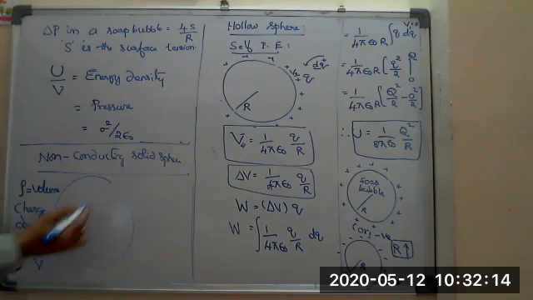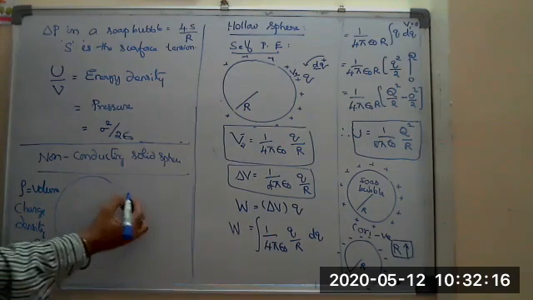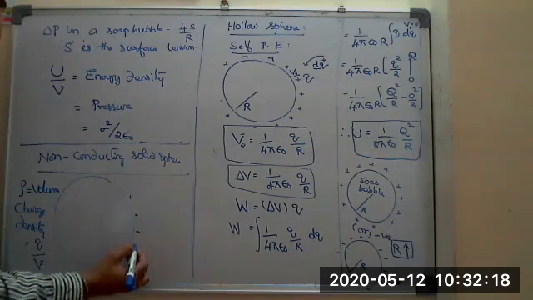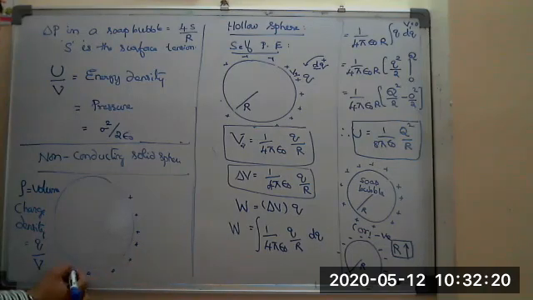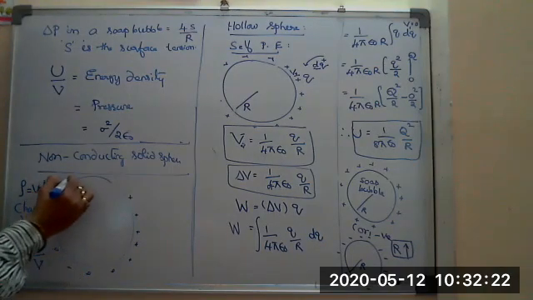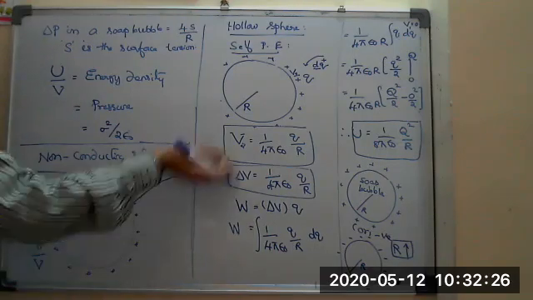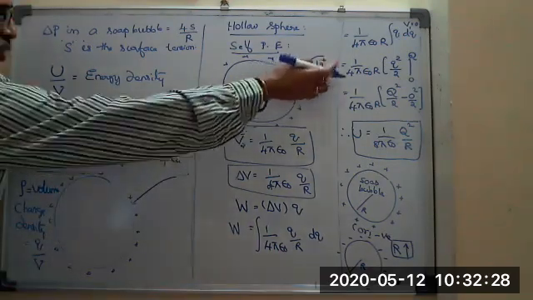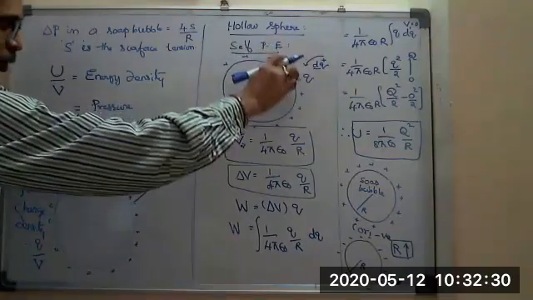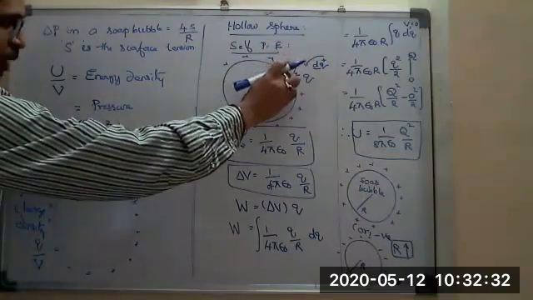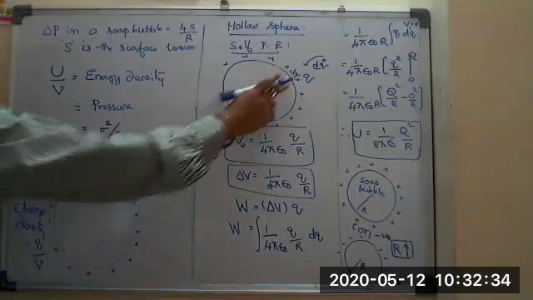So here the disadvantage: if the charge resides only on the surface, then you bring the charge to the surface only. Whatever amount of charge you take, you bring to the surface only, so the final point is fixed there.